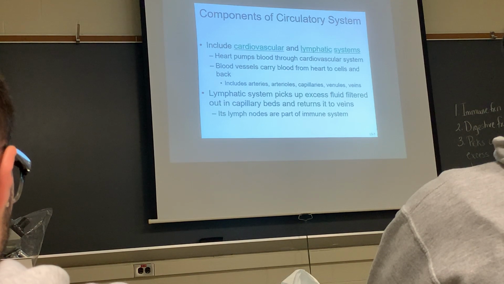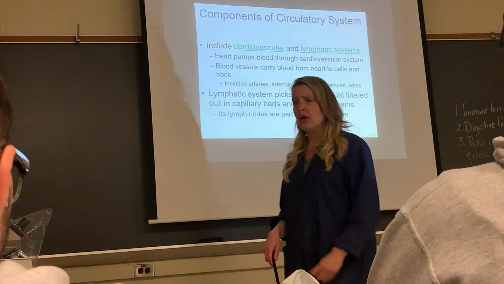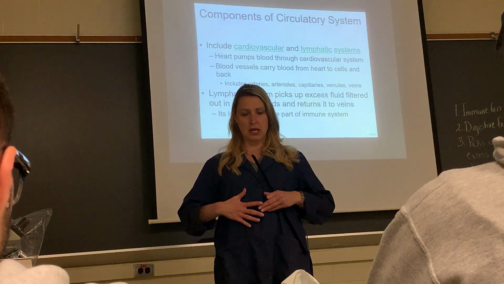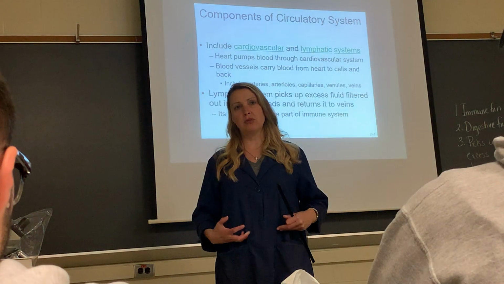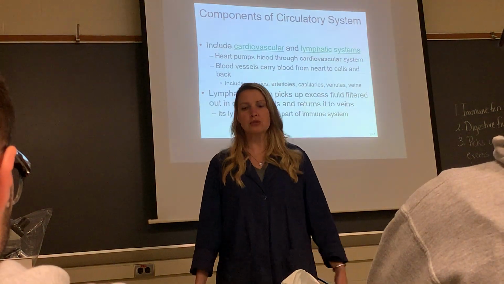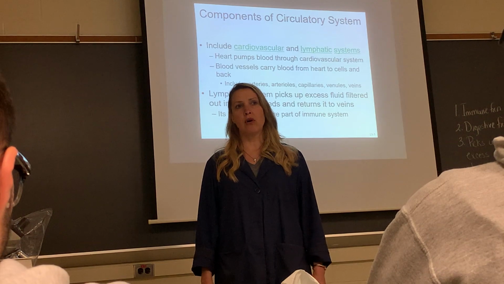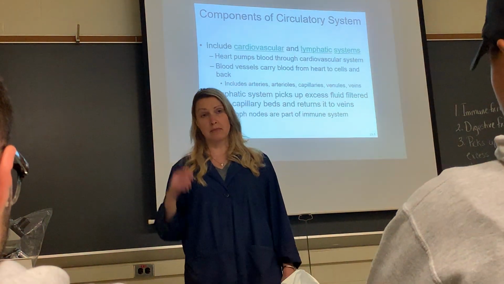So one of the signs that somebody has right-sided congestive heart failure might be edema, even ascites, which is a large protruding abdomen because there's fluid buildup, or swelling in the legs, swelling in the arms, things like that. So yeah, it's sort of related.